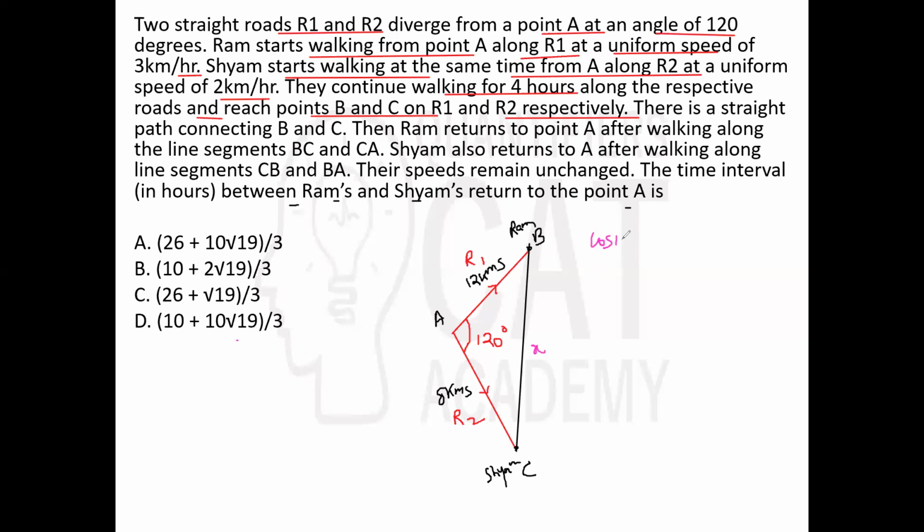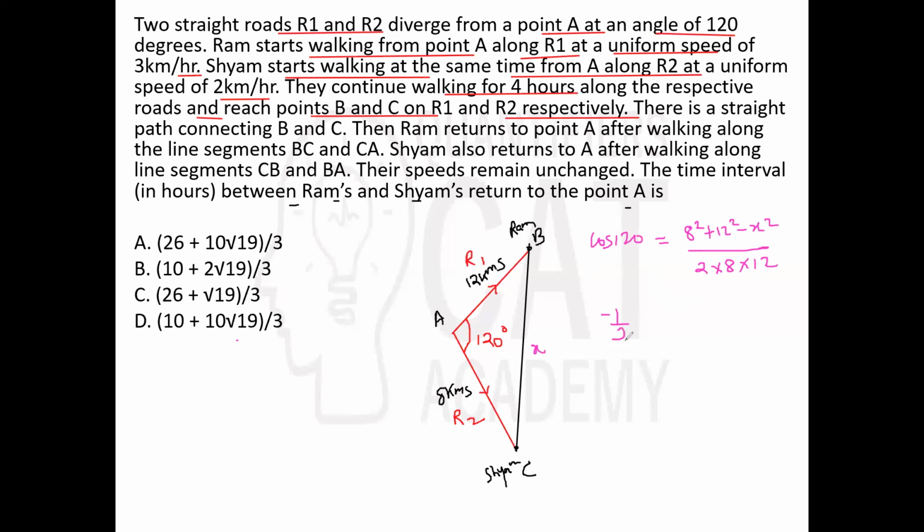So cos of 120 will be equal to (8 square plus 12 square minus x square) divided by 2 into 8 into 12. Okay, students, now cos of 120 is equal to minus 1 by 2.